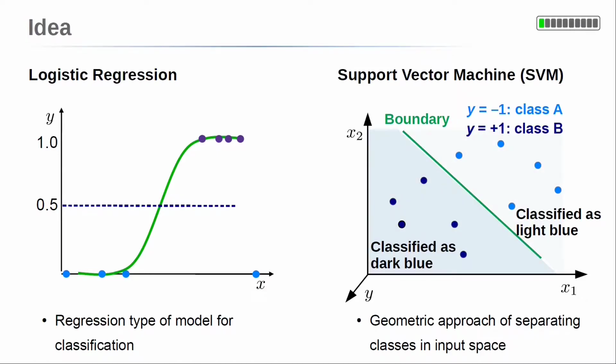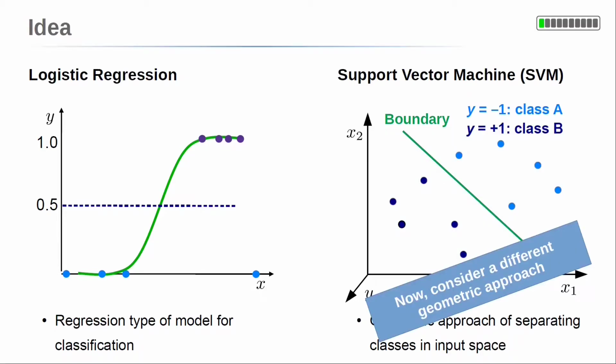New data is classified according to this boundary. So in contrast to logistic regression, this is a more geometrically motivated approach for classification. In this lecture, we consider another geometric approach. This approach is called decision tree.